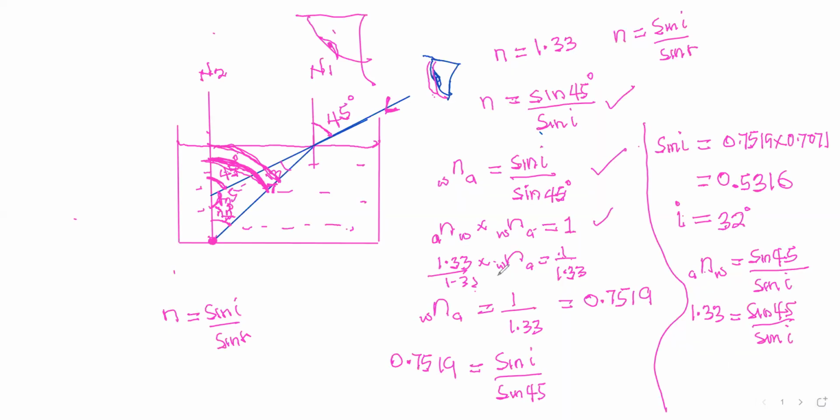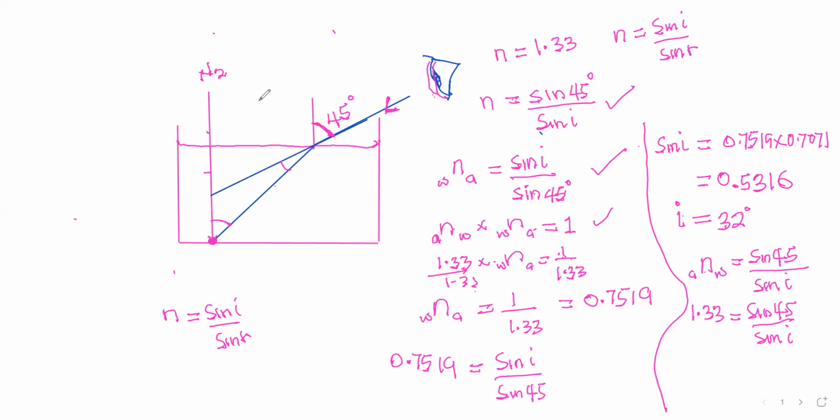Let me use the same diagram. So the question actually says that the apparent inclination, apparent means virtual, is 45. So when an observer looks from the top, he sees the apparent inclination of the stick to occur at the angle 45.